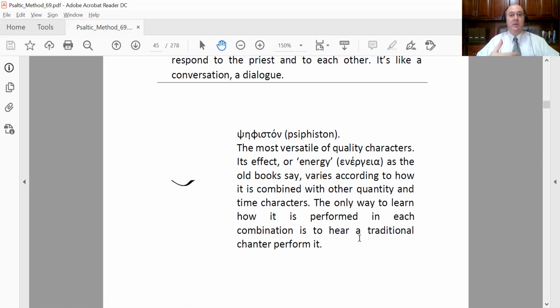So they are the masters of how to perform this music, and the rest of us, we have to listen to them and look up to them and try to imitate, mimic their performances. And that's how you are going to be securely rooted into performing psiphiston and the other qualitative characters rooted into solid patriarchal tradition.